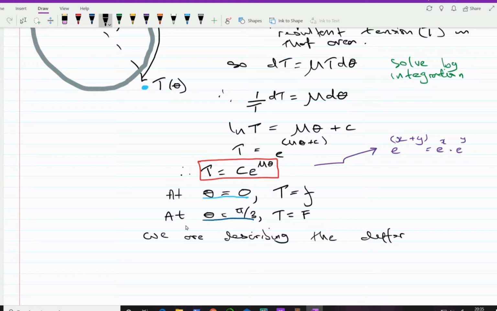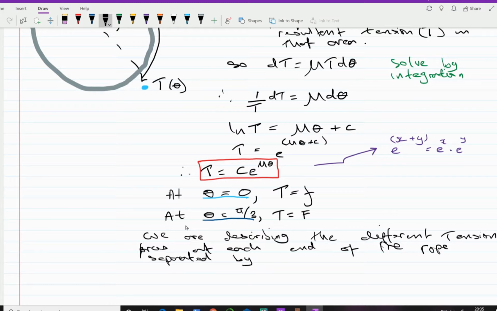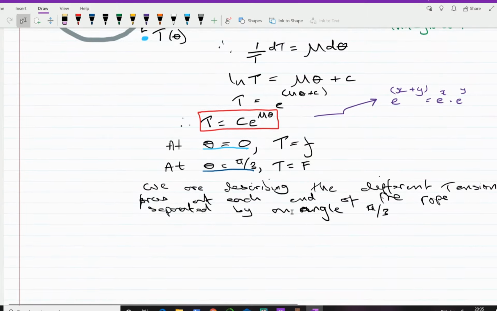What we've done so far is confirm that we have different forces at each end of the rope separated by an angle pi/3. Also, we have defined the constant of integration C as italicized F, which happens to be the force from the mice.